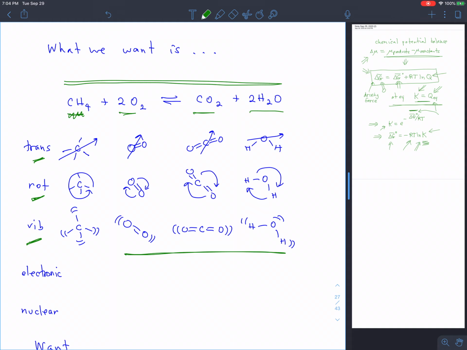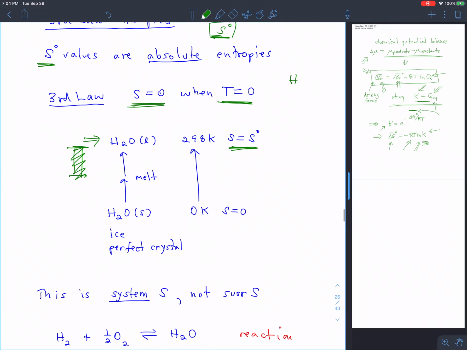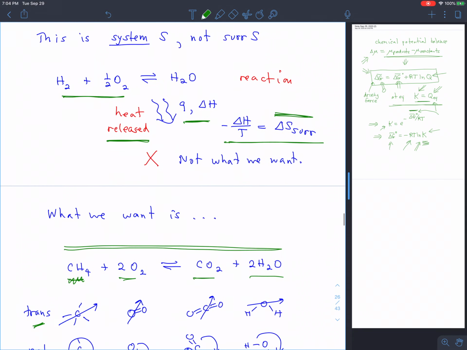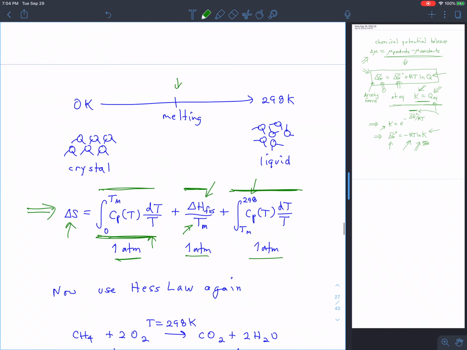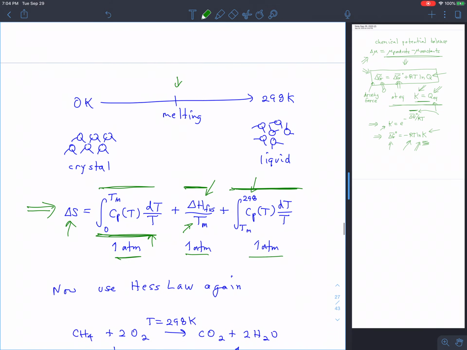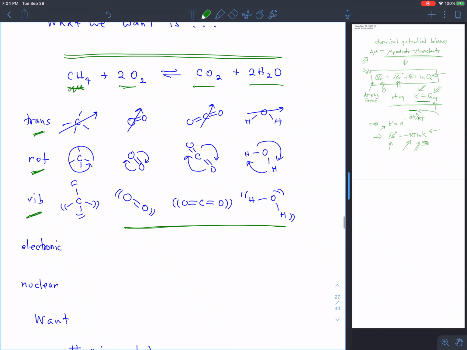And that's why you have 0 entropy when you're near 0. All the motions have been frozen out. There's only one quantum microstate available to each molecule and one quantum microstate available to the whole ensemble of Avogadro's number of molecules, and therefore the entropy is 0.